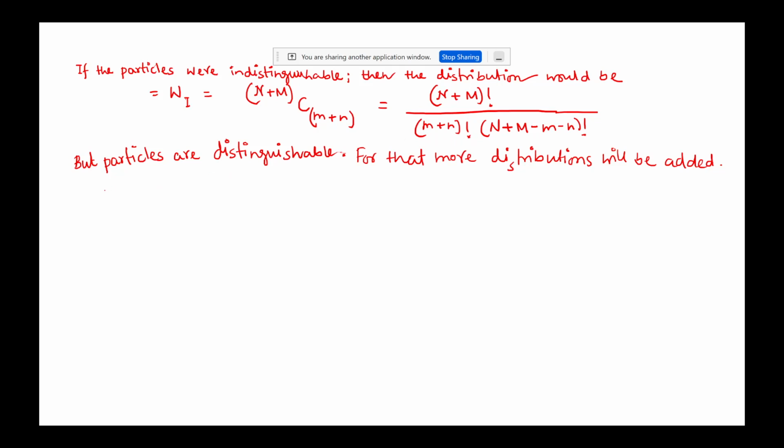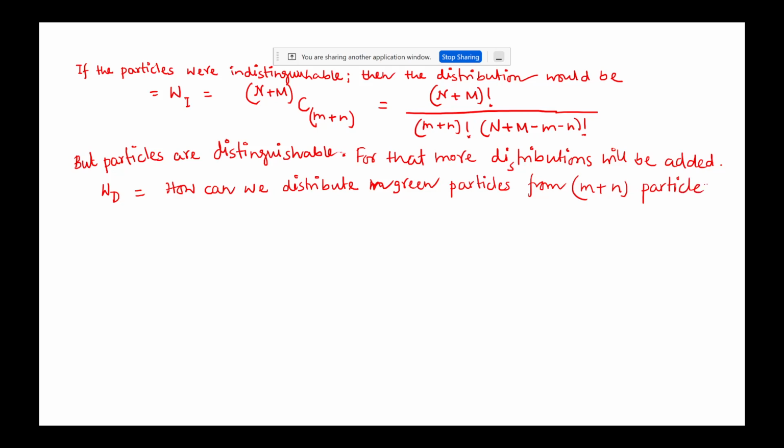So the problem then comes, Wd, which is distinguishable: how can we distribute m green particles or n green particles from m plus n particles.